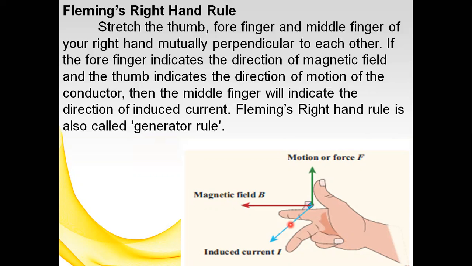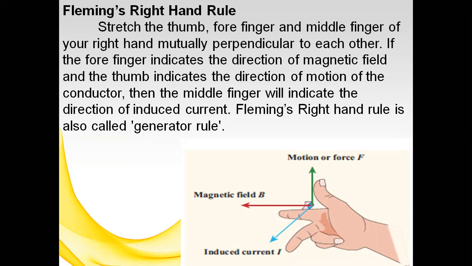The middle finger indicates the direction of the induced current. So the thumb indicates the direction of motion of the force, the forefinger indicates the magnetic field, and the middle finger indicates the direction of the induced current.